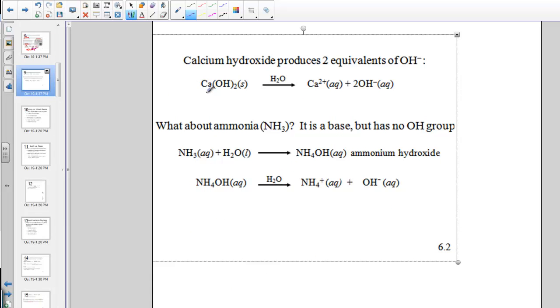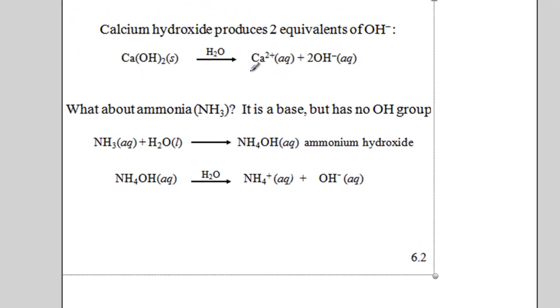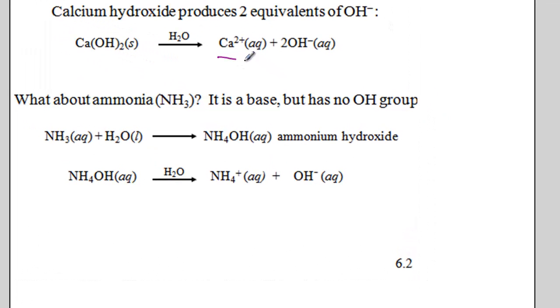Here's an example. Calcium hydroxide, when dissolved in water, releases its ions. Notice that we have a calcium 2 positive and 2 equivalents of the base ion hydroxide. That 2 came from our subscript here. Calcium, we learned last chapter, is in group 2A, therefore we know it's a positive 2 charge.